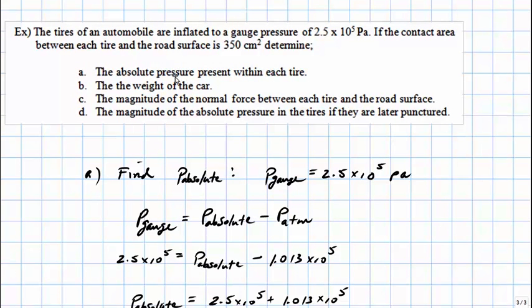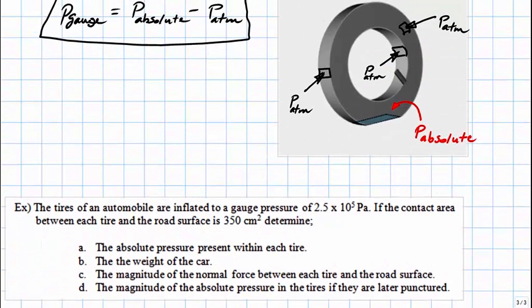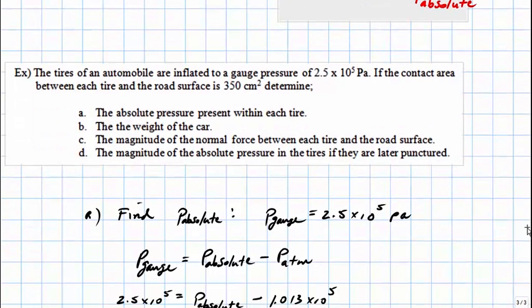In Part B, we would like to determine the weight of the car. And in order to do so, it's important to consider this area, the flat area of the tire that comes into contact with the road. That area, in our example, has a value of 350 square centimeters, which needs to be converted to square meters.